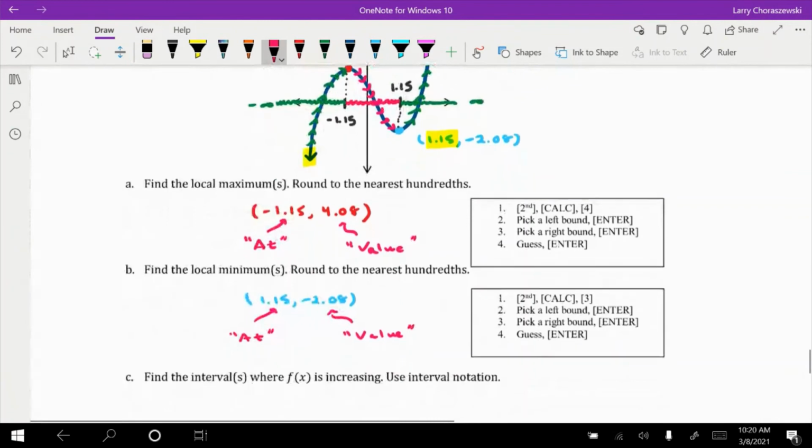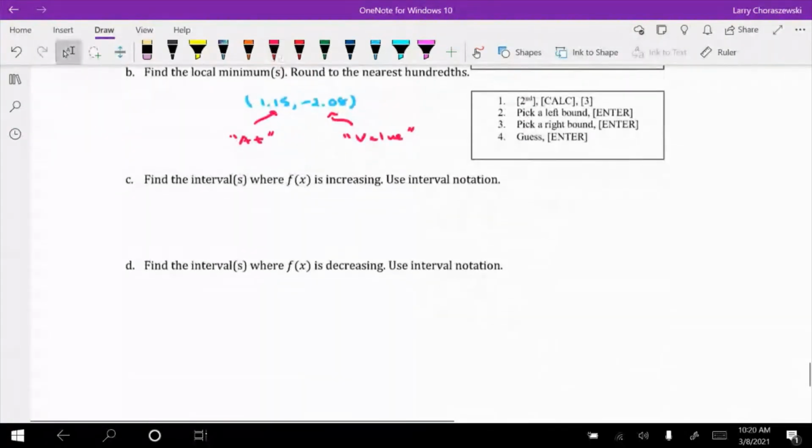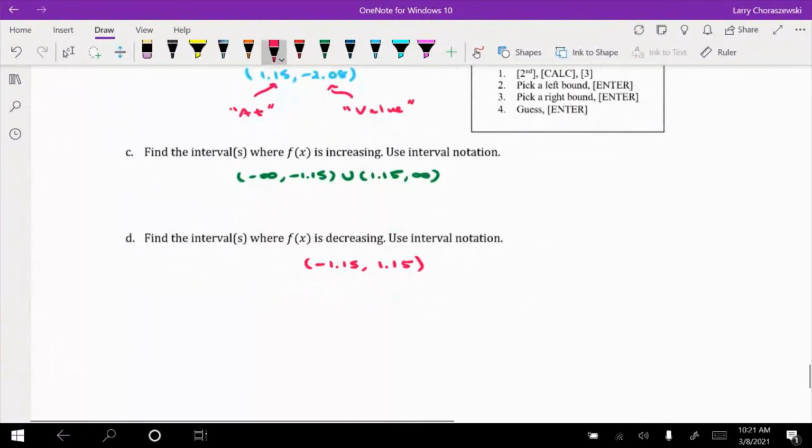So let me go ahead and whip up the interval notations, and we'll go over any questions you have. Okay, you have any questions about our answers to part C and D?